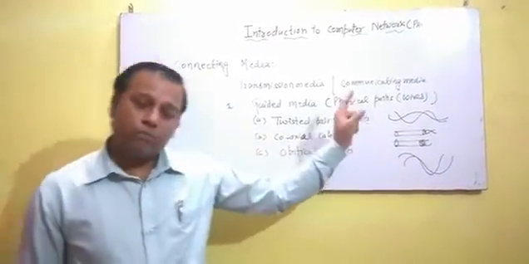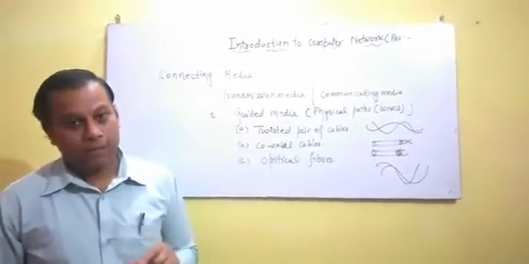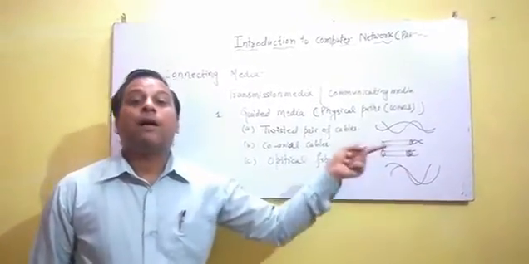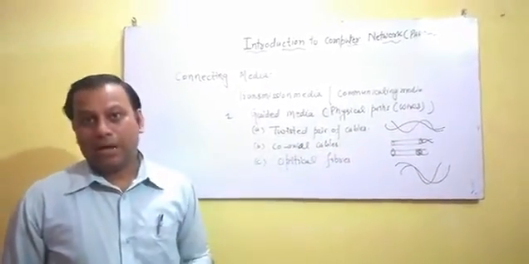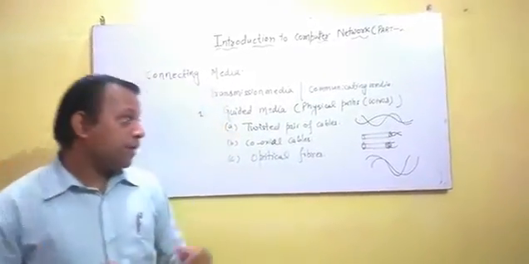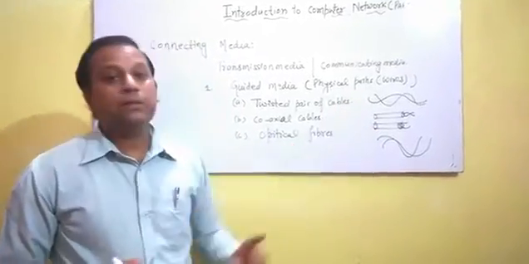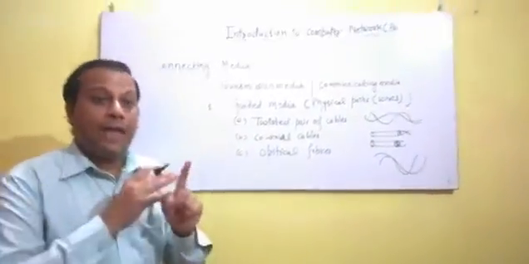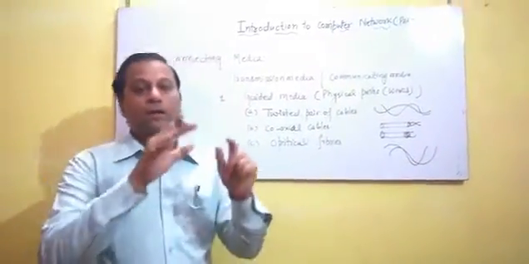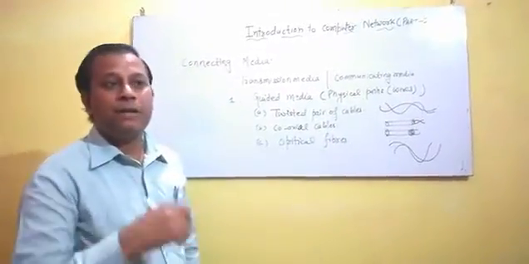It means these wires can be used, but only for a short distance. It cannot be used for a longer distance or for sending multimedia messages or broadband signals. We cannot use that. These cables are never used in broadband internet connections. These are the properties. Now, what is the maximum data transfer speed of this?